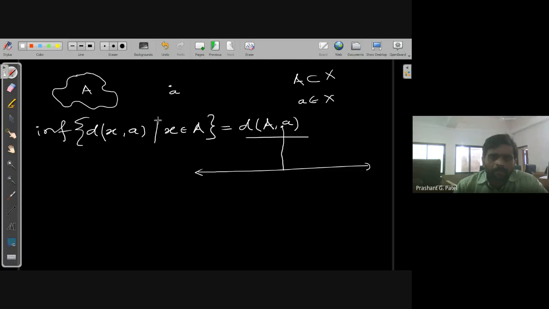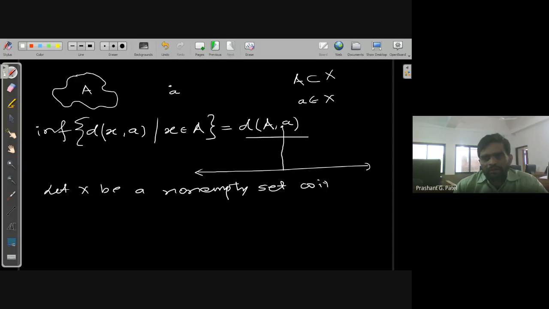Okay, so this is the definition. Let me write the definition in this manner. Let X be a non-empty set with a metric d on it.